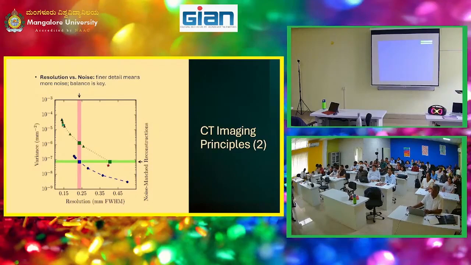So what we want to try and do, with these noise matched reconstructions, is find that sweet spot where planning is successful. That's what the Hounsfield units provide you the ability to do, and of course the resolution of your CT scan, and the settings on your CT scan, and the windowing on your CT scan, and all that kind of stuff.